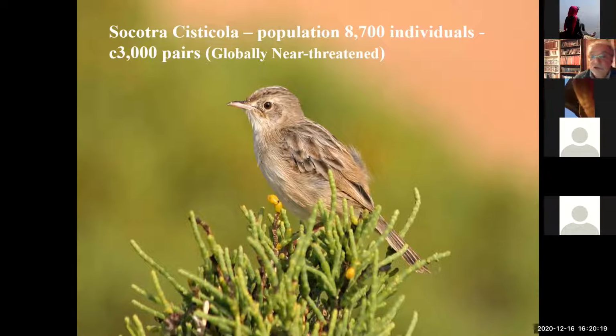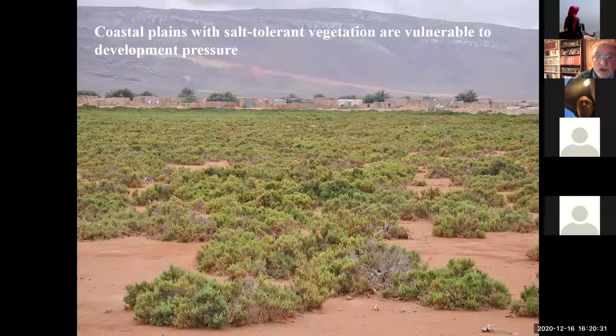The Socotra cisticola, with a population of getting on for 9,000 individuals. And again, this is a globally near threatened species, confined to really the coastal plains with salt tolerant vegetation. And of course, these areas are vulnerable to development pressure.